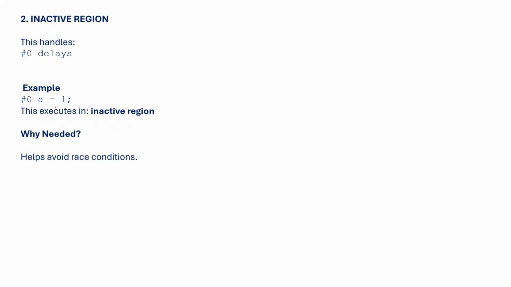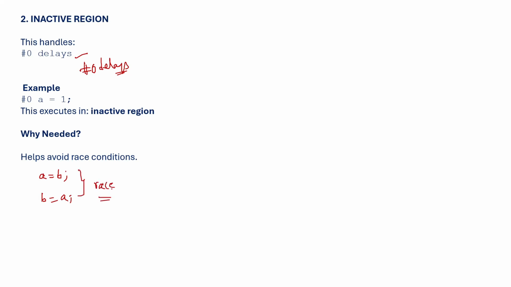And then the inactive region, it will execute #0 delays. Hash zero delays means, I told you, suppose a swapping of two numbers, I want to do that. A equal to b and b equal to a. This gives you a race condition.